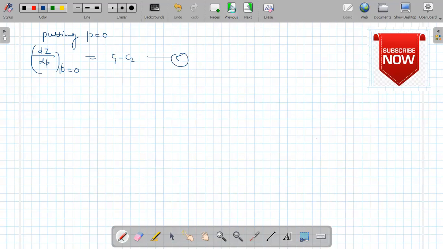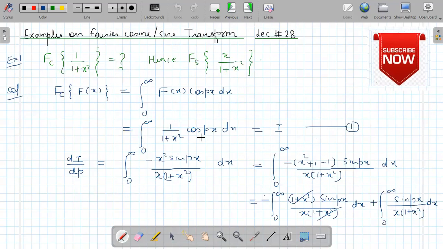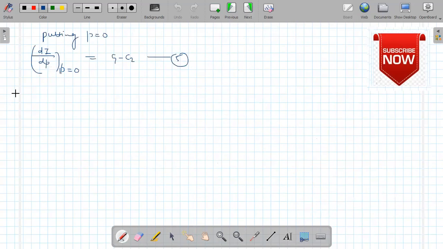Now if you notice, from equation number 1, if I put p is equal to 0, then I get integral of 1 upon 1 plus x square. Its integral is tan inverse x, and the limiting value of tan inverse x as x approaches infinity is pi by 2. So the value of I at p is equal to 0 is pi by 2.